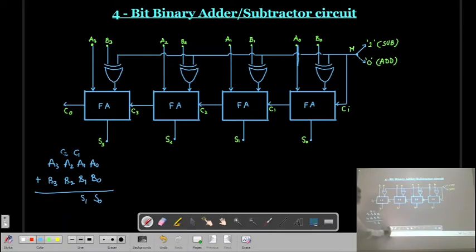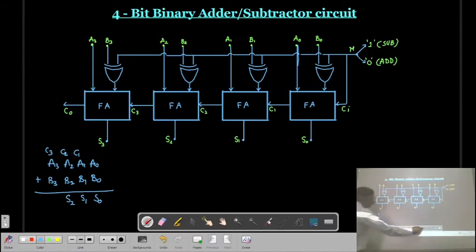This carry C2 is the input for the third full adder circuit, where we have addition of A2 and B2, generating this sum S2 and this carry C3. So the C2 is going to be added with A2 and B2, will generate the sum S2 and also generate this carry C3.